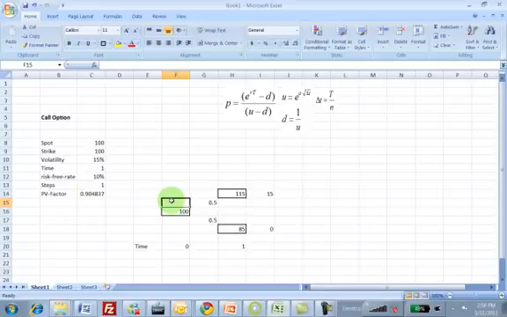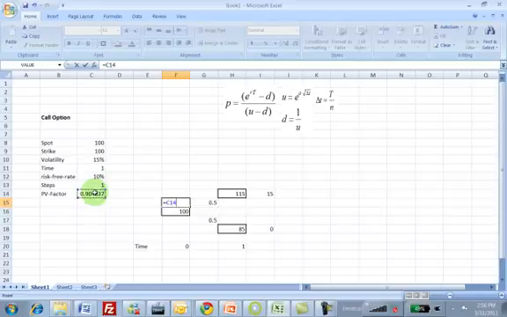My estimate for the value of the option at this point in time is simply the PV factor, this number here, times the probability of an up move, which is this number here, times the payoff that I would realize if we actually end up in the up state, which is this number here, plus the probability of the down move, this number here, into the payoff if the down move is realized, which is this number here.